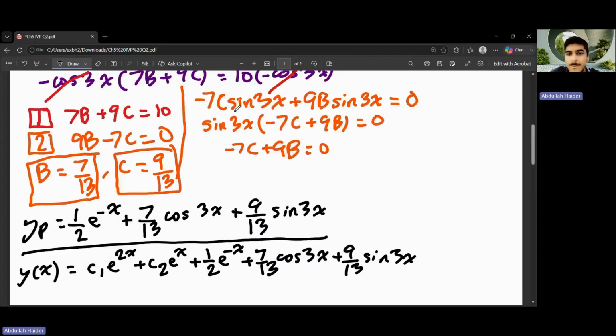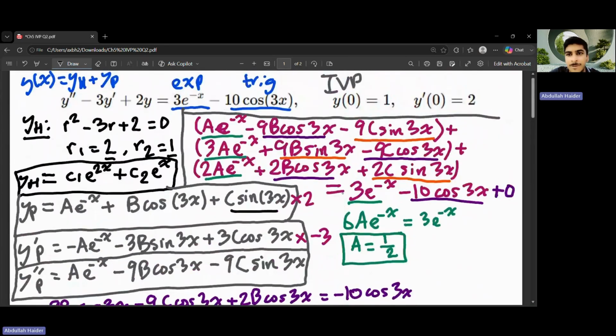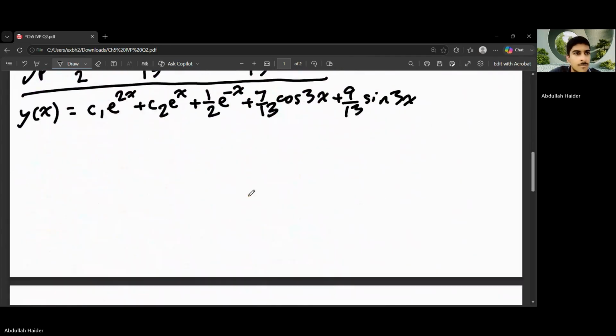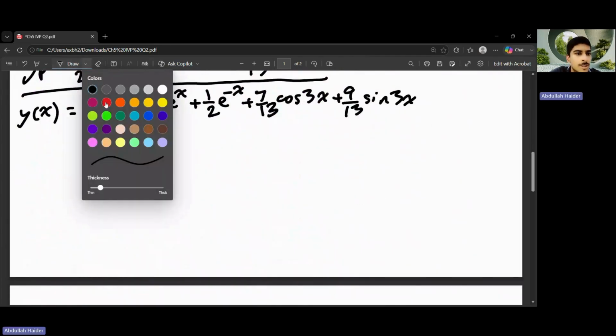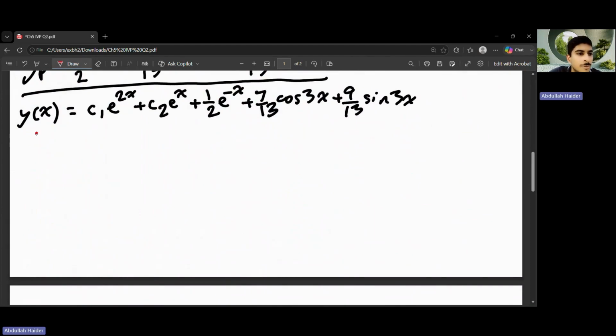Now, since this is an initial value problem, we have to substitute y0 is equal to 1. So 1 is equal to, when you substitute 0 here, this becomes a 1, this becomes a 1, this also becomes a 1, this becomes a 0.